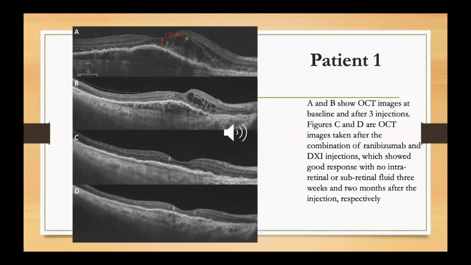This is a patient from our study who had received 3 monthly ranibizumab injections with poor response as shown in the top 2 figures A and B. Figures C and D are images taken after the combination of ranibizumab and dexamethasone injections, seen at 3 weeks and 2 months after the dexamethasone implant, which showed complete resolution of the intraretinal fluid as well as significant reduction in the pigment epithelial detachment.